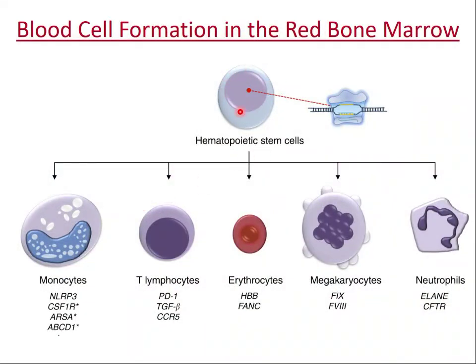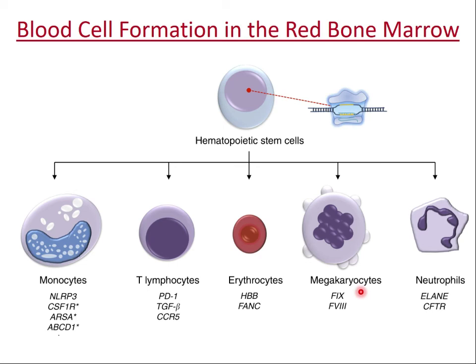So the hematopoietic stem cells, the original cells, can differentiate into several different cells, forming monocytes, T lymphocytes, erythrocytes, a cell known as megakaryocytes, and neutrophils. So of these examples given here, erythrocytes are the red blood cells, megakaryocytes are the cells that produce platelets.